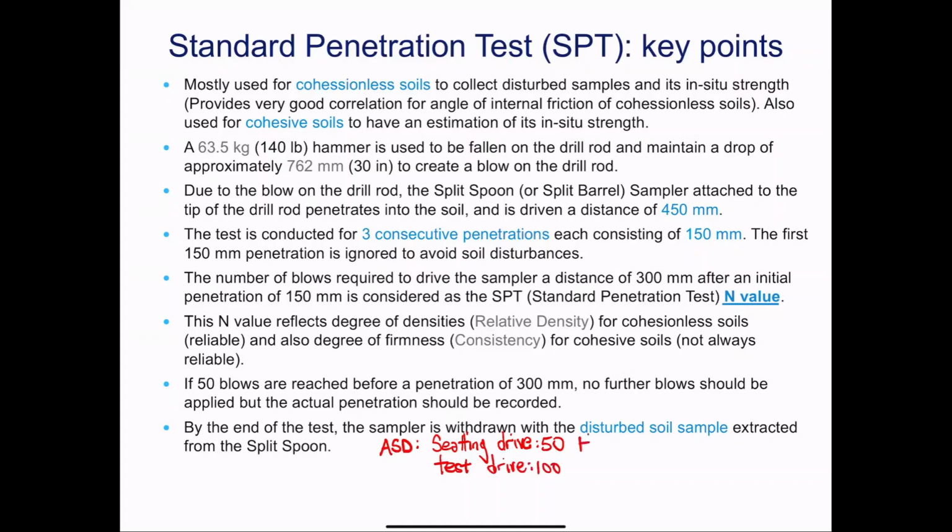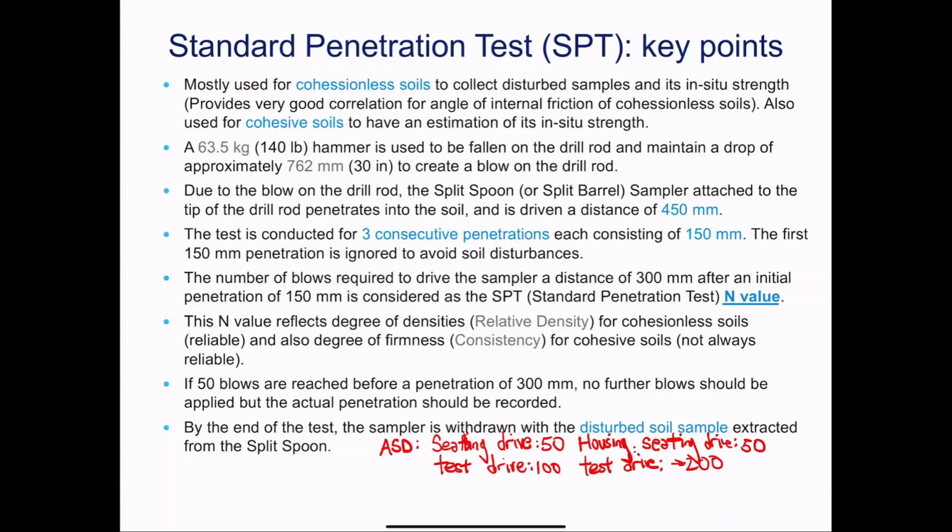For housing projects, seating drive, we can just have one N. So seating drive is 50 blows, and the test drive can be up to even 200 for some projects.